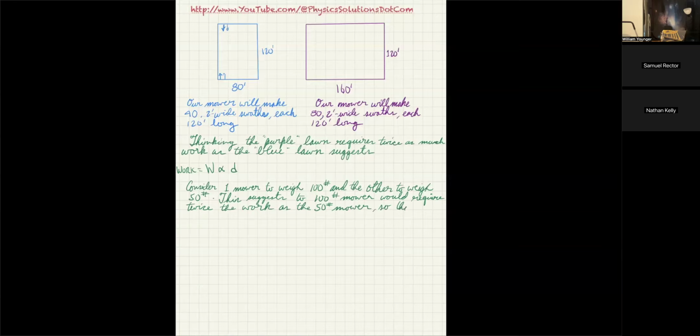So now we have work, instead of it just being proportional to distance, we're going to say it's proportional to force times distance. And I'll clean it up a little bit more.